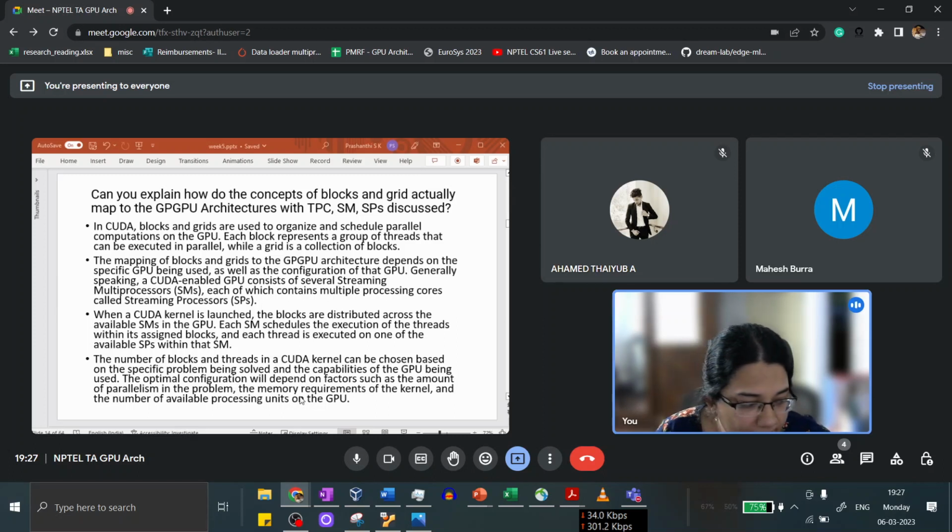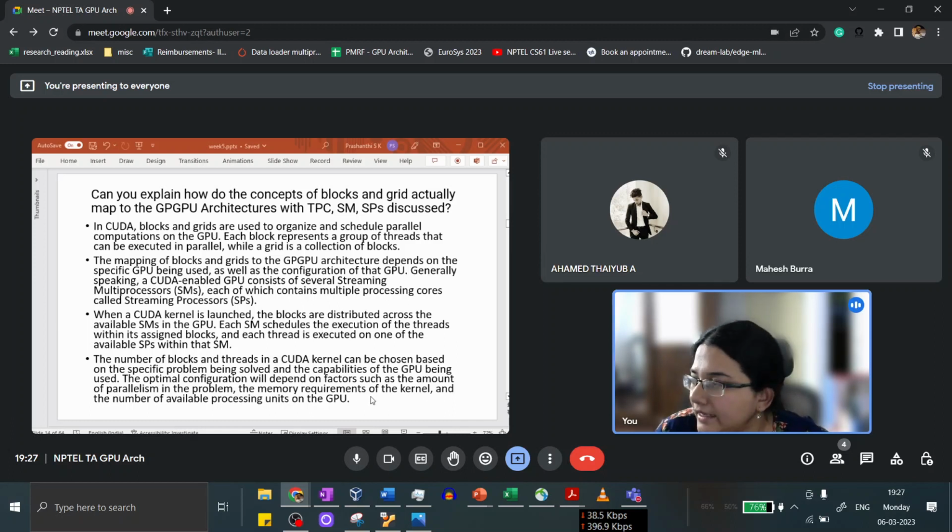So for instance, we saw this notion of a 2D array and a 2D grid and block, and we had some slide in the week 4 content saying if you have 2D data, you should be using 2D blocks and grids, and if you have 3D data, you should use 3D launch parameters and things like that, right? So it depends on the problem being solved, and for every kernel you launch, the memory requirements of that kernel also play a role.